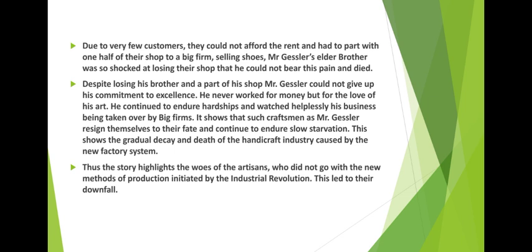This shows the gradual decay and death of the handicraft industry caused by the new factory system. Thus, the story highlights the woes of the artisan who did not go with the new methods of production initiated by the Industrial Revolution. This led to their downfall.